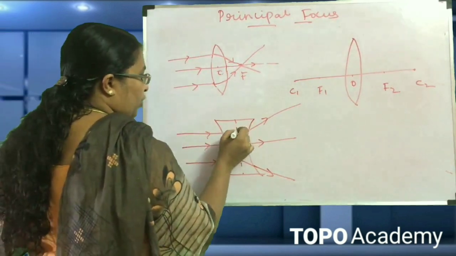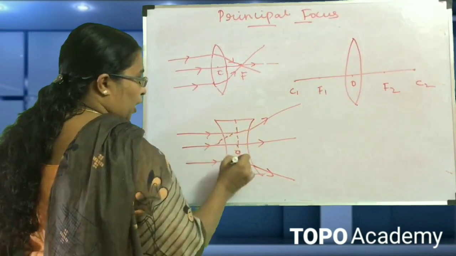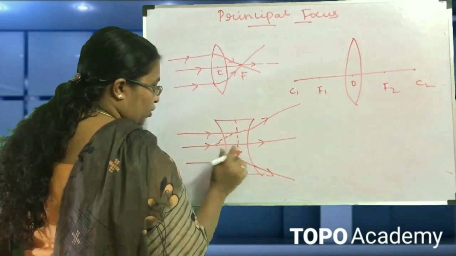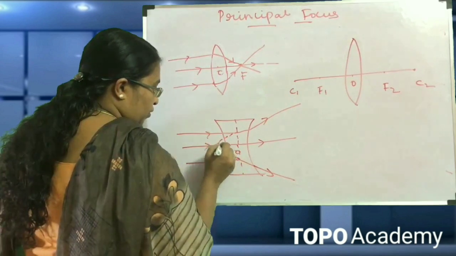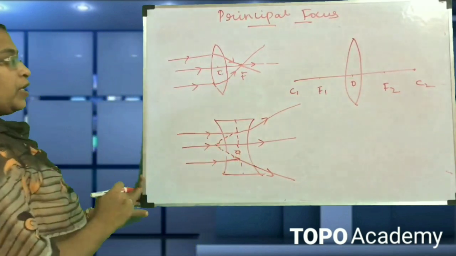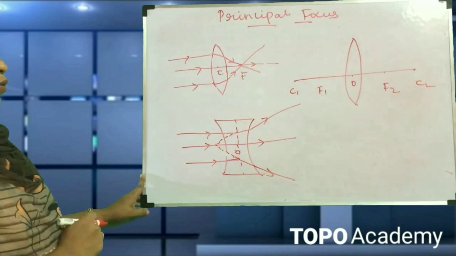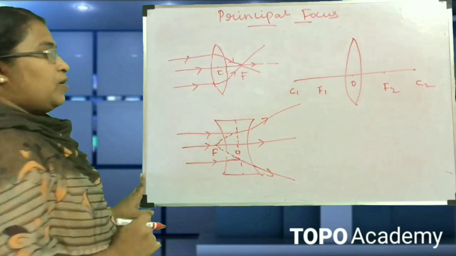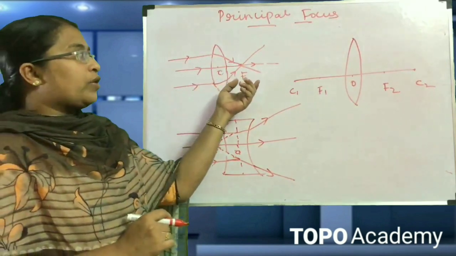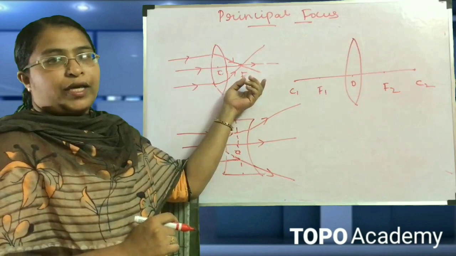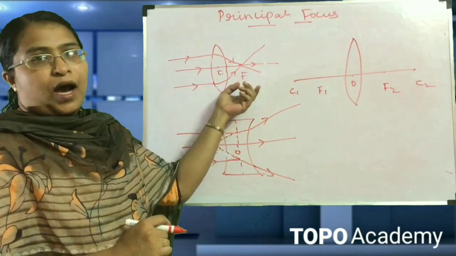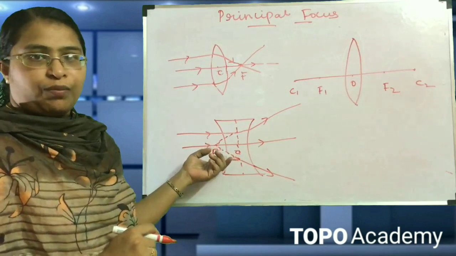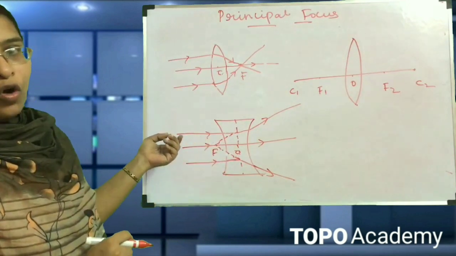After refraction, all the light rays are appearing to diverge from a point. That is the principal focus of the concave lens. So in a convex lens, after refraction, all the light rays are converging at a point. That's the principal focus of the convex lens. In case of a concave lens, after refraction, all the light rays are appearing to diverge from a point. That's the principal focus of the concave lens.